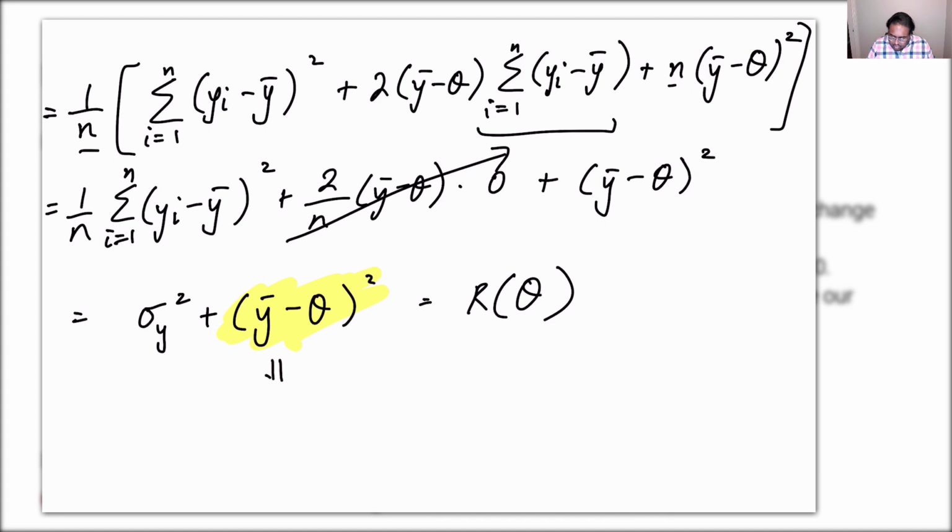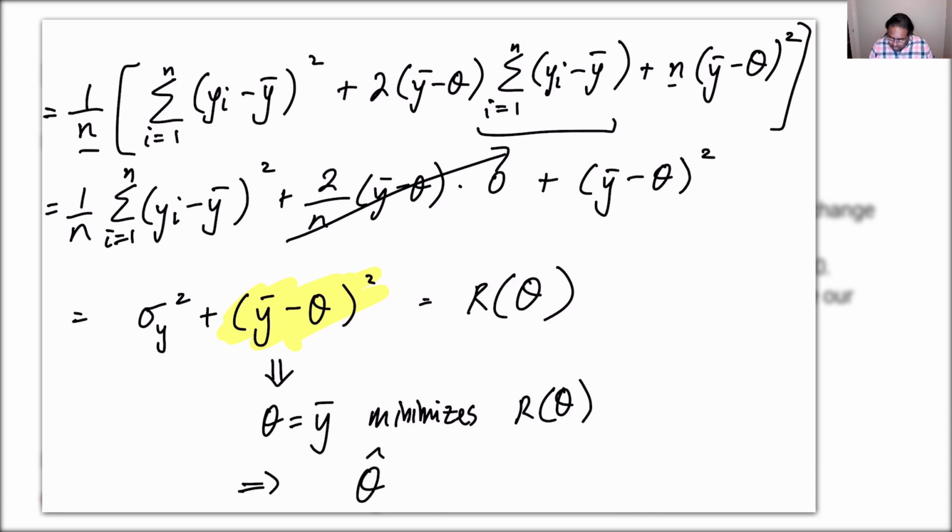And that happens when theta is equal to y bar. And so when theta is equal to y bar, that minimizes our average loss. And so this is, once again, a proof that theta hat, in the very specific case of the constant model, when we are using squared loss, is the mean of our y's.